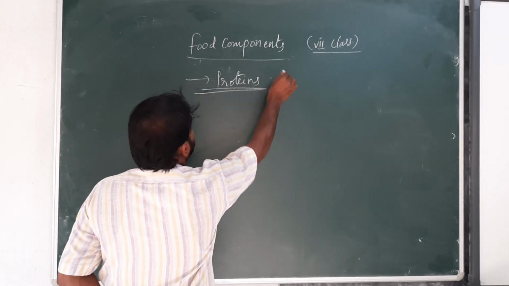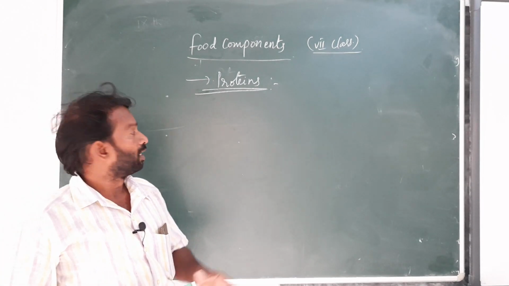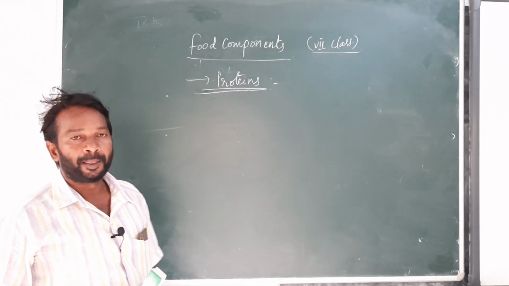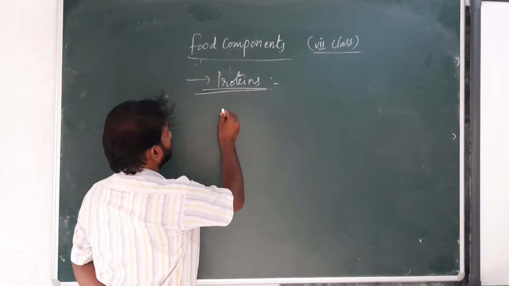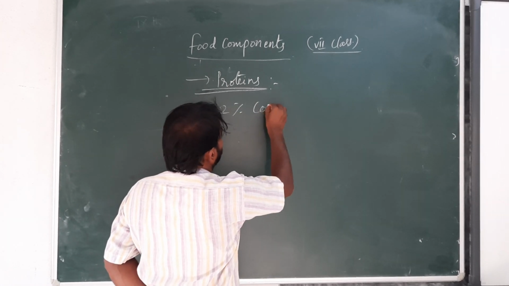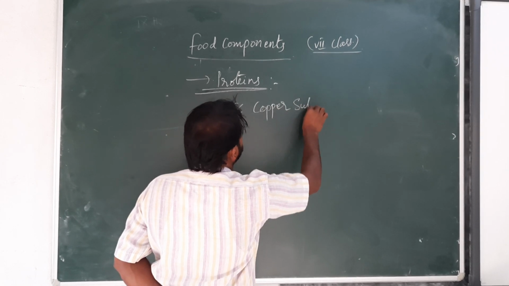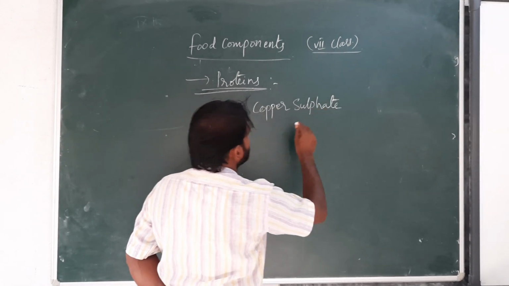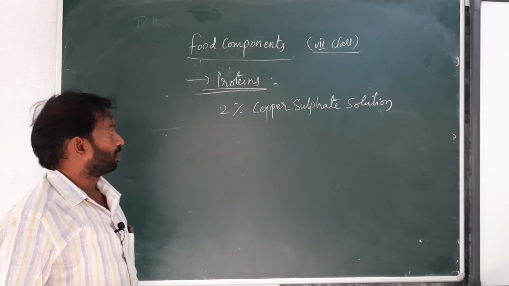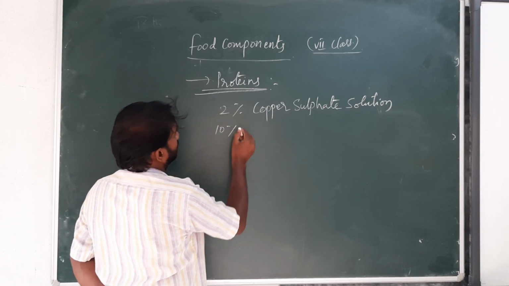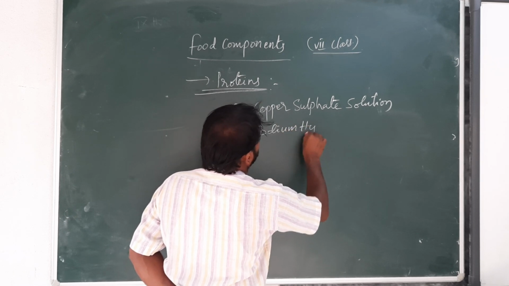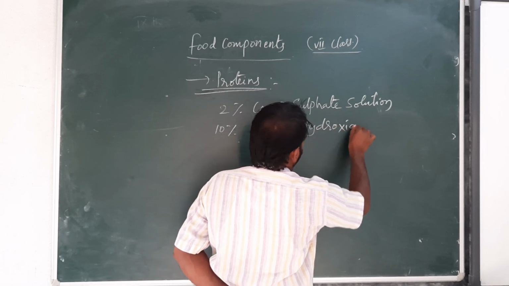Let us see the confirmation test for proteins. To test for proteins in a given sample, we first have to prepare 2% copper sulfate solution and 10% sodium hydroxide solution.